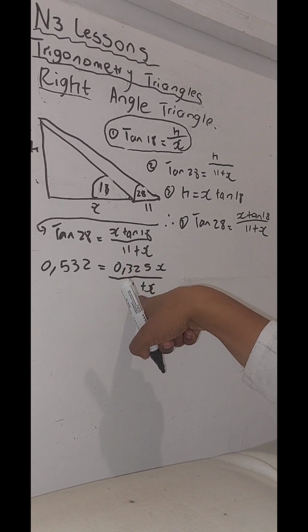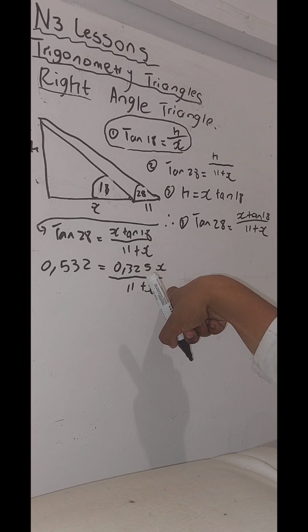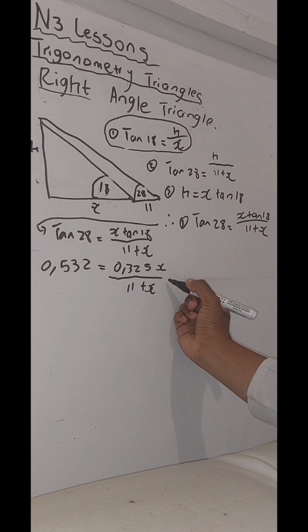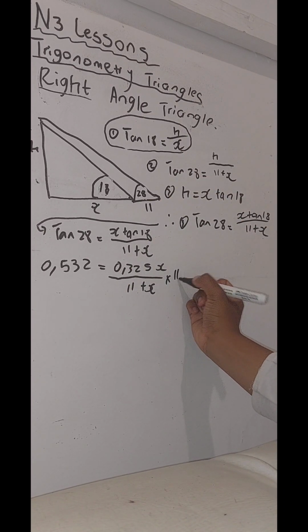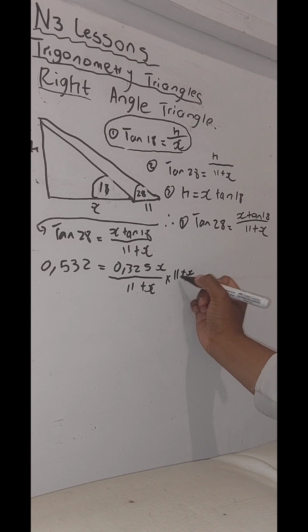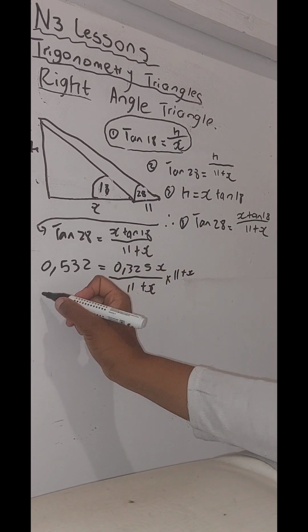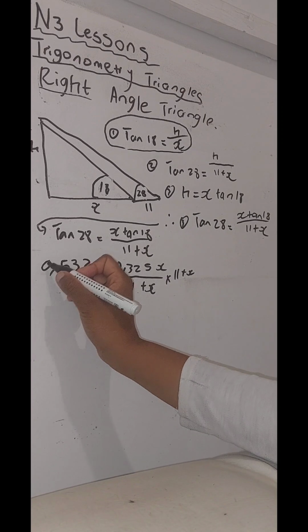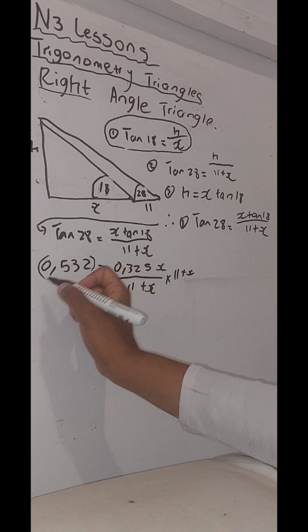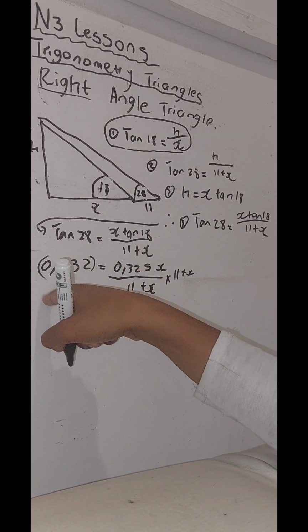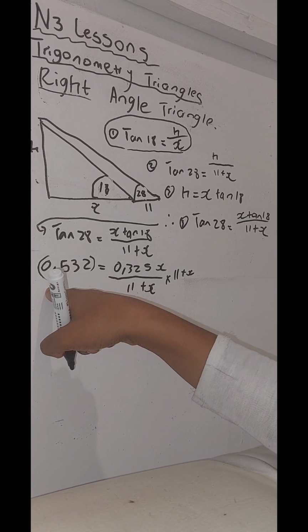So I'm going to multiply this on this side times 11 plus x, right, and also multiply it on this side. I'm also multiplying this on this side, guys, times 11 plus x.